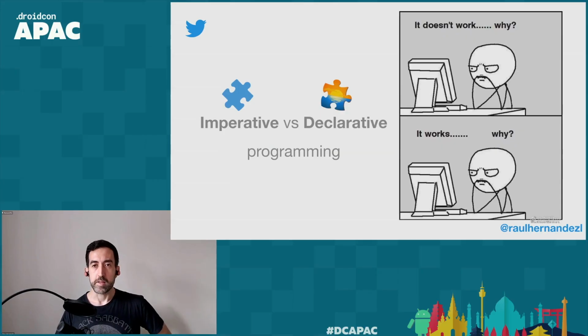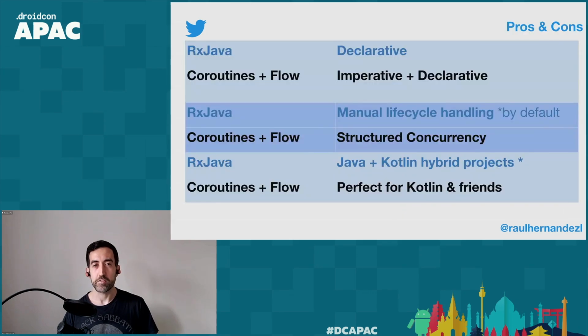Imperative and declarative. It doesn't work. Why? It works. Why? When we are working and trying to learn how coroutines work, and you do suspend functions, this is imperative code. It's sequential, right? It's very easy to read. But at the same time, when you work with RxJava, you are expecting to do this in a declarative way. So it's a bit mind-blowing when you start doing something like that. So it was for me, but I learned my lesson.